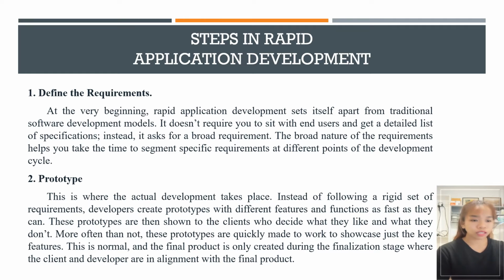More often than not, these prototypes are quickly made to work to showcase just the key features. This is normal, and the final product is only created during the finalization stage, where the client and developer are in alignment with the final product.